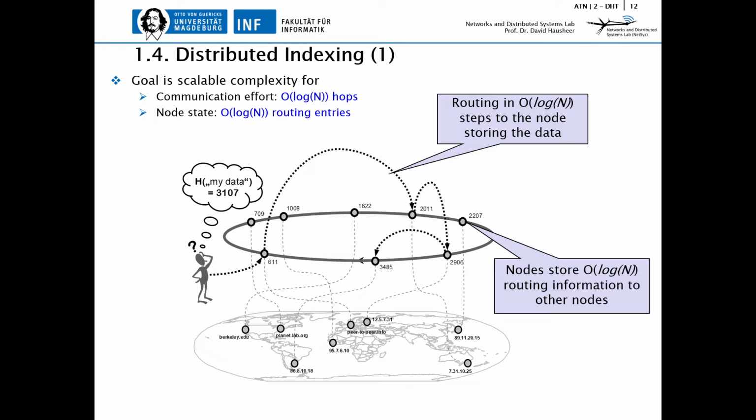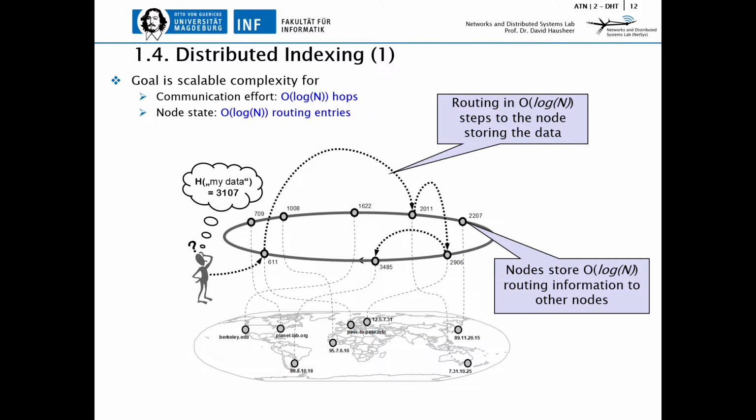That means only O of log n hops are required to reach the particular item, and also the node state needs to scale, that is the number of routing entries that each and every intermediate hop needs to store in order to be able to forward queries in the network. This is illustrated here also.